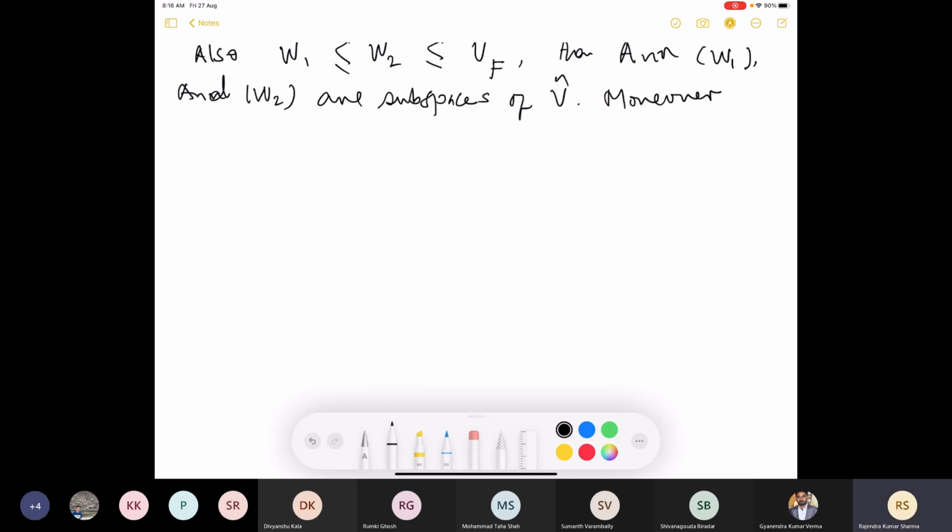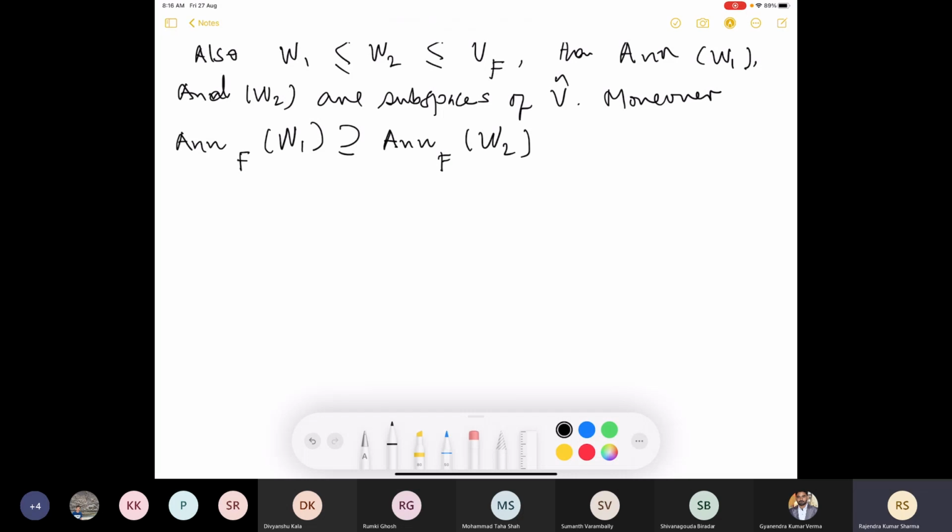Moreover, it is easy to see that the annihilator of W1 contains the annihilator of W2. So the inclusion reverses actually.